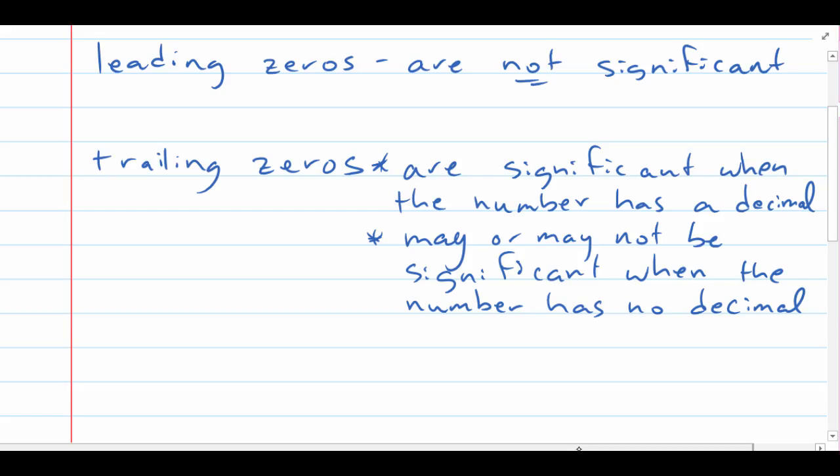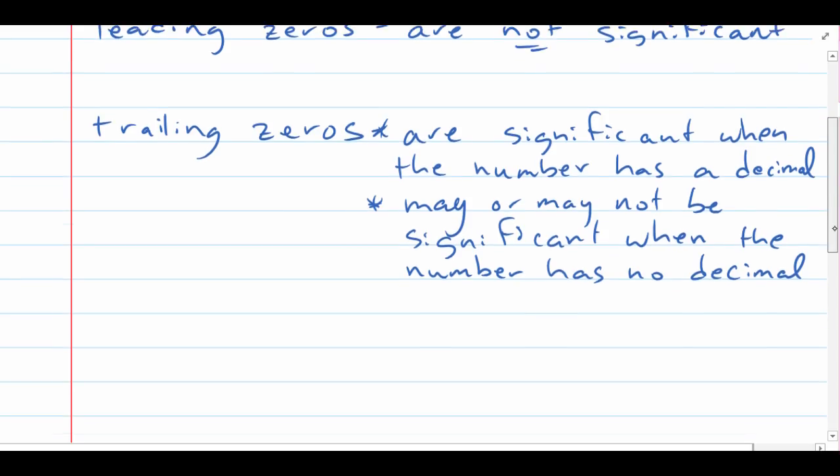So it's in the case of zeros that we often have an issue.